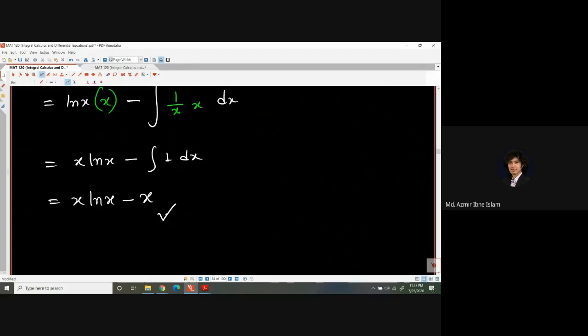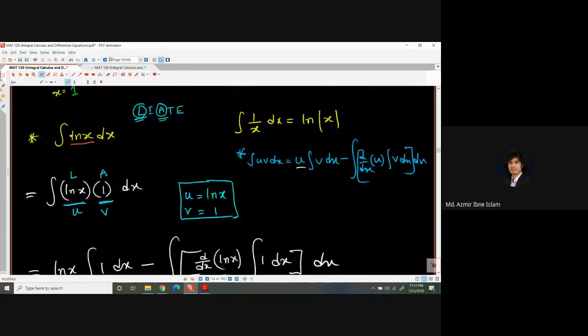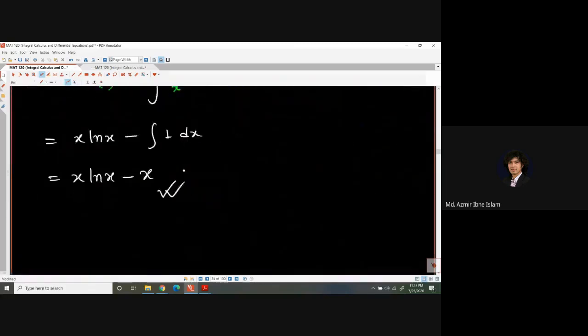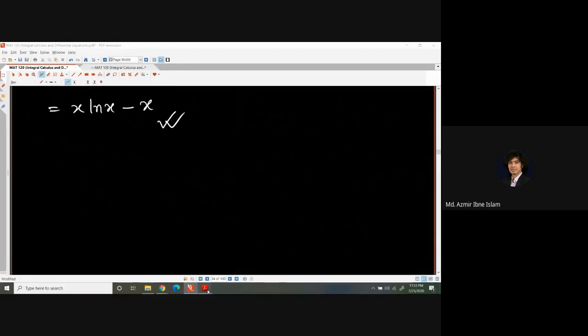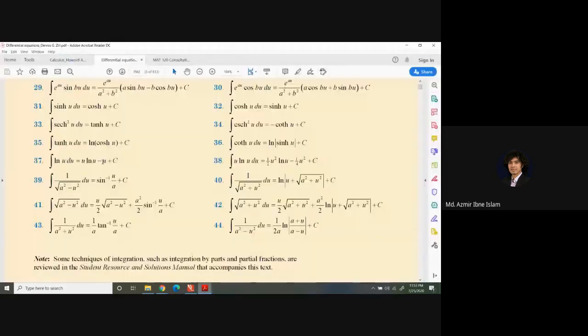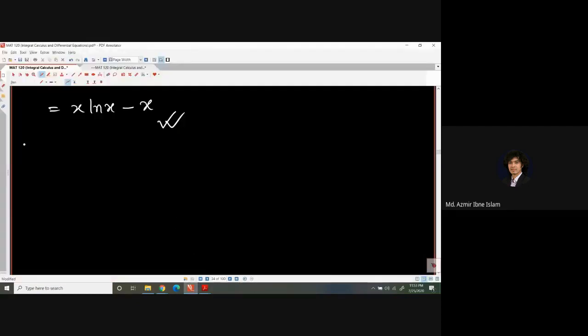So finally we are able to find the antiderivative, or the answer of the integration. That means if we have the integral of ln x dx, then the antiderivative will be this one, given in this formula. Okay, so we can prove any formulas using our theoretical concept.